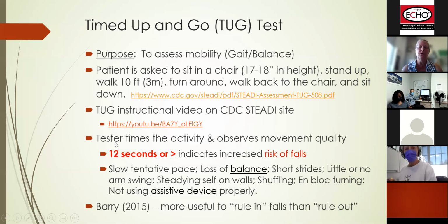And so we have timing norms that they should do, and we have what would be a risk factor. So if they cannot do this test in 12 seconds or less, they have a higher risk of possibly falling. As you're watching them walk, you're also looking for any loss of balance.